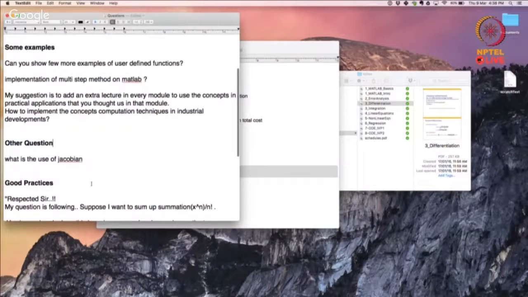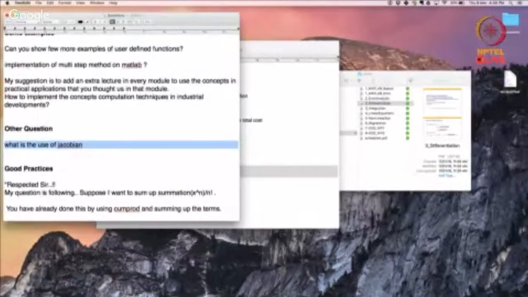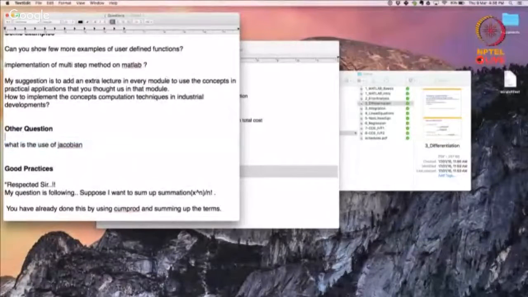Okay. So the next question was how to use Jacobian in MATLAB. Or sorry, not how to use Jacobian, sorry. What is the use of Jacobian? So one straightforward use of Jacobian is, for example, in solving nonlinear equations.